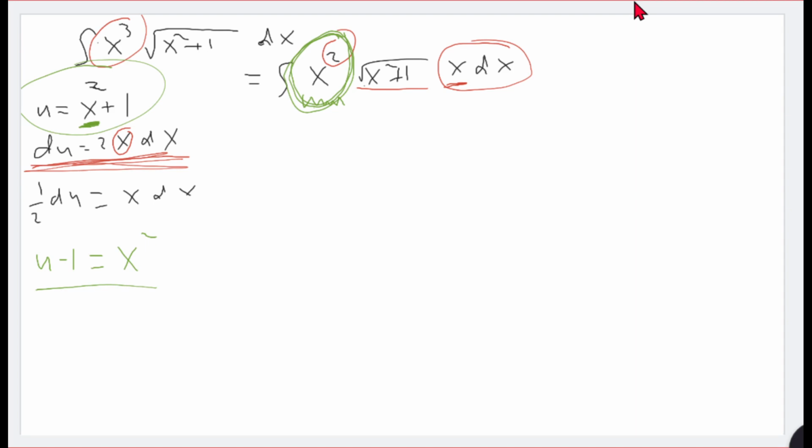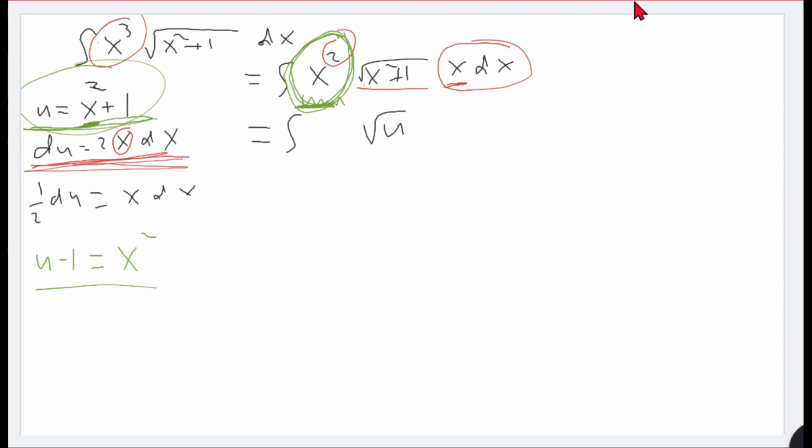So as long as your leftover is related to the substitution in some simple fashion, the substitution can still work out. If it's more complicated, well, you probably have to do something else. So in the end, let's take care of the main thing, the radical, the square root. The square root becomes root u, right? That's the main thing.